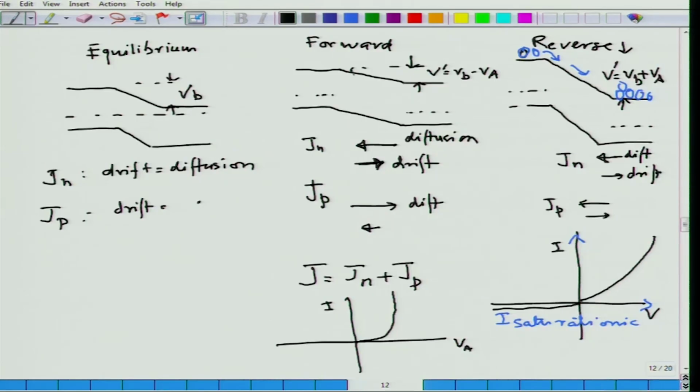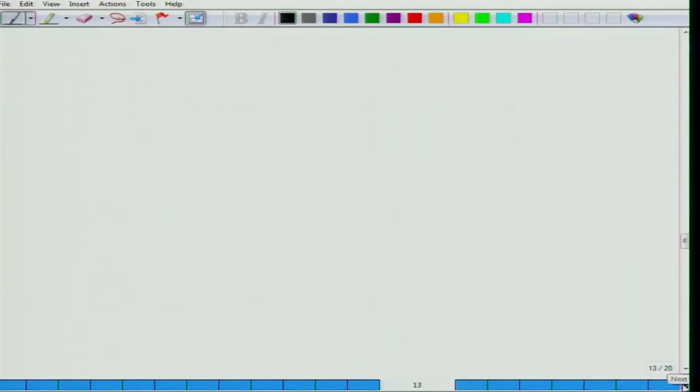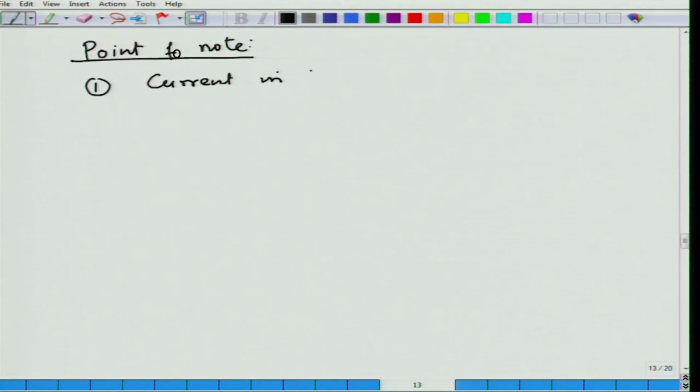Now, looking at the overall equations, the point to note in this whole situation of a diode is that the large current in forward bias is basically coming from the change in the built in potential because of applying a forward bias, and it is actually a diffusion current.